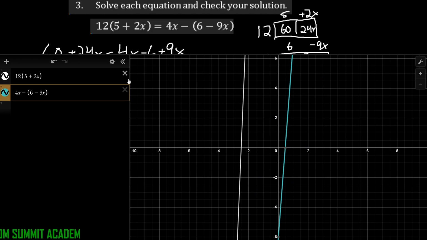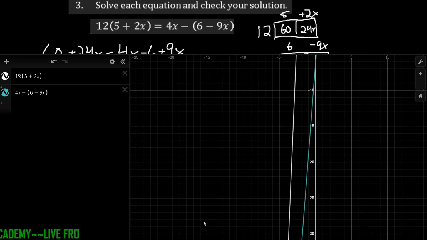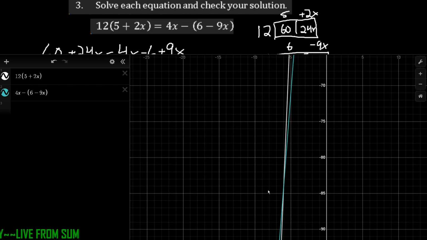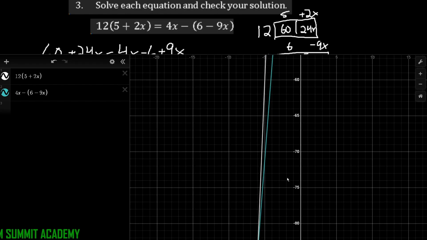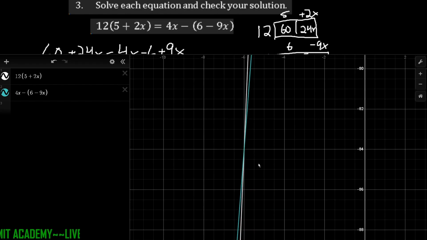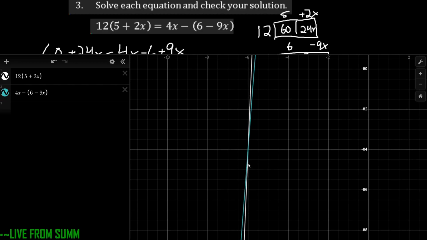So it said that I am at negative 6. Let's scroll the whole way down to notice. As you're scrolling, notice how they get closer and closer because they're not parallel lines. So you have to find exactly where they meet. If you need help finding it, it should come up with a dot on that point.